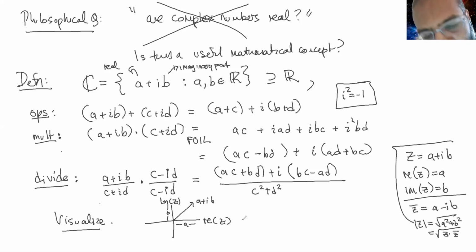But the difference between this and R2, so can anybody tell me what the difference is between this and R2? Why don't we just think of this as R2?